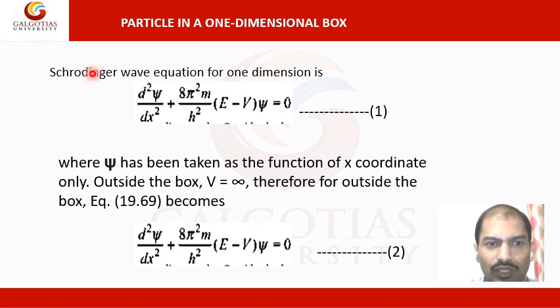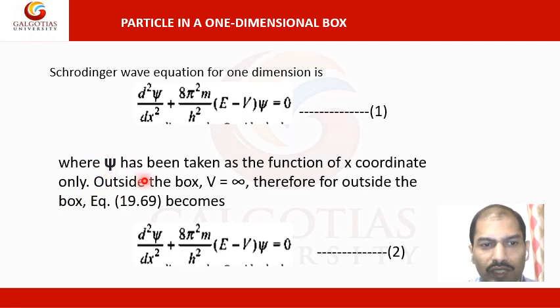As per the Schrödinger wave equation, which we have already discussed, there we had seen it for 3 coordinates, but for a one-dimensional box on one axis, the Schrödinger wave equation is d square psi upon dx square plus 8 pi square m upon h square into (E minus V) into psi equal to 0.